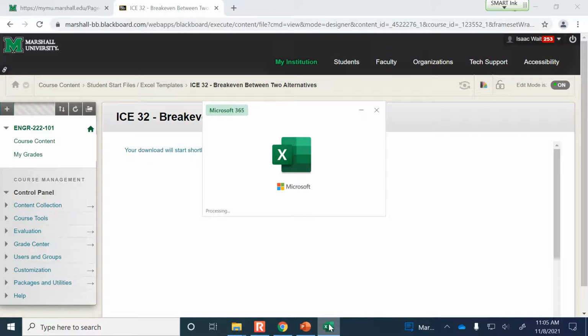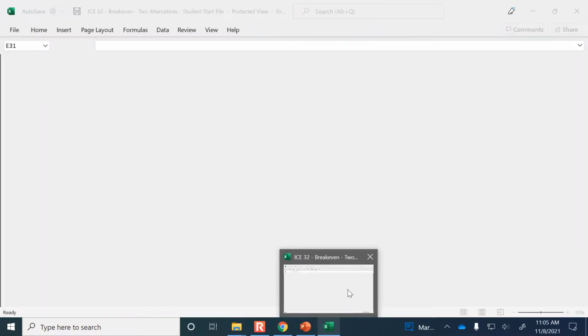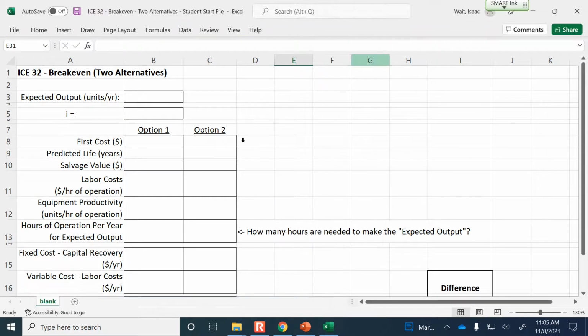So in this break even between alternatives, you're considering two options. One option that's cheaper to purchase at the beginning, but more expensive to operate on a unit basis. And then option 2 in that example was more expensive up front, but cheaper to operate on an hourly basis.